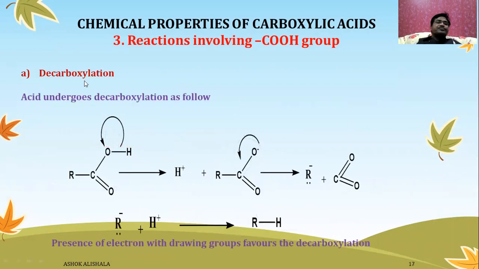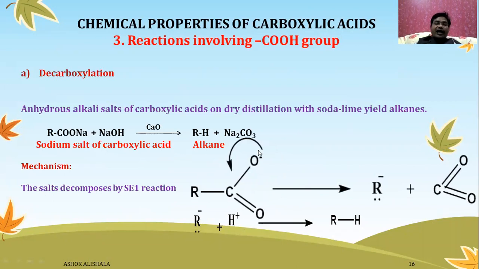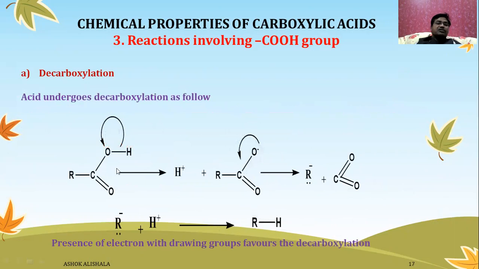Now let us see one more. The acid undergoes decarboxylation as follows. Previously we discussed the acid anion. Now this is the carboxylic acid. During decarboxylation in the presence of soda lime, the sodium hydroxide, that is, the OH minus ion, takes this H plus ion, so that we get the negatively charged ion.